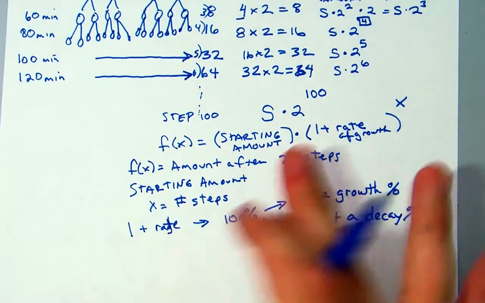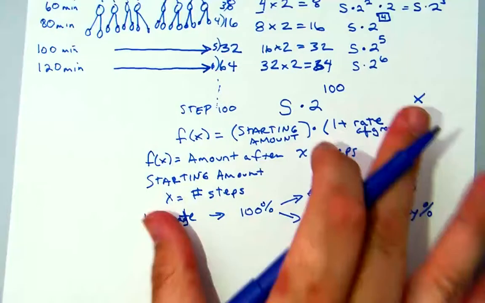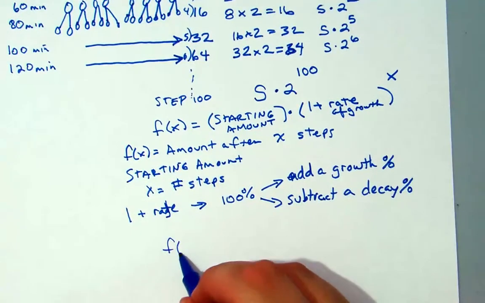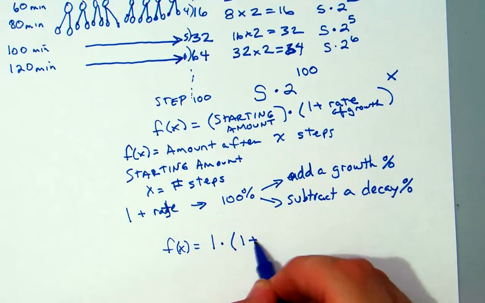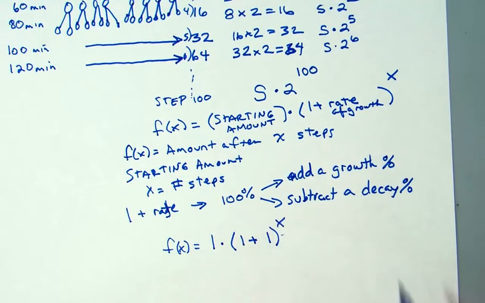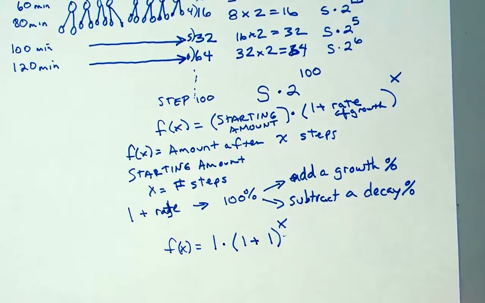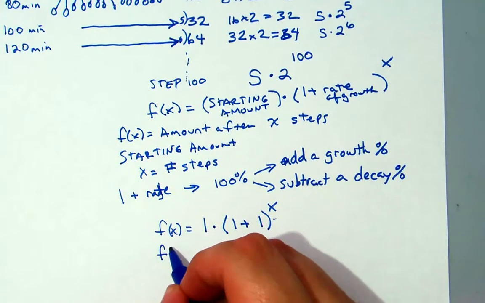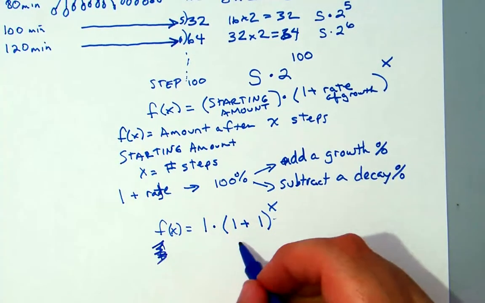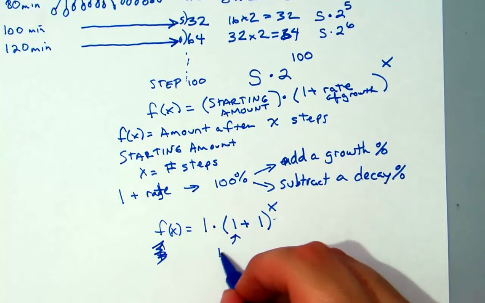Now, for our situation up here with the cells, here's what the equation looks like. F of x is equal to 1 times 1 plus 1 to the x power. Before I do that, let me tell you this. This is 100%.